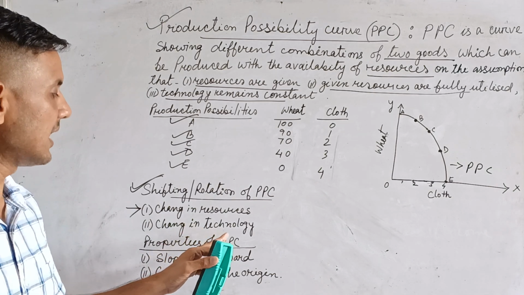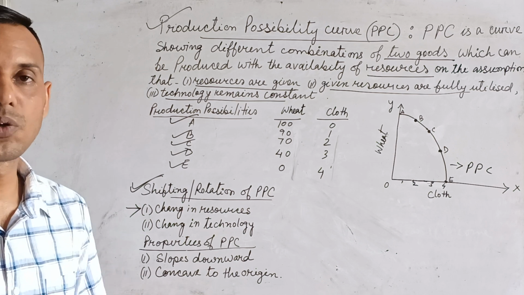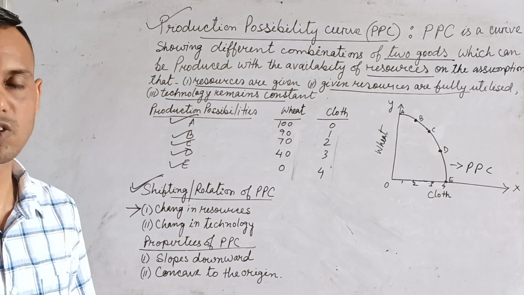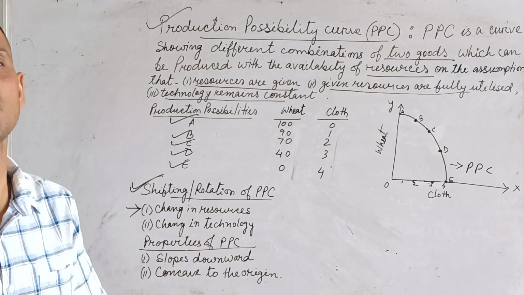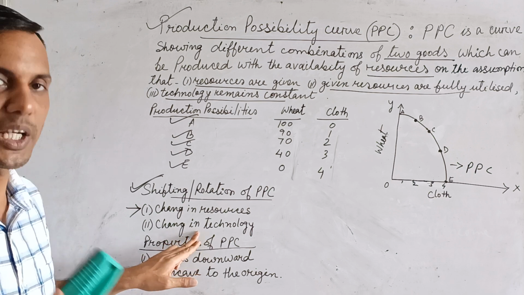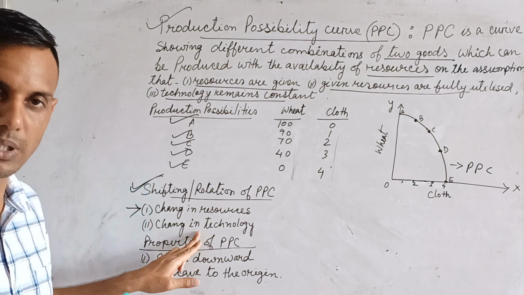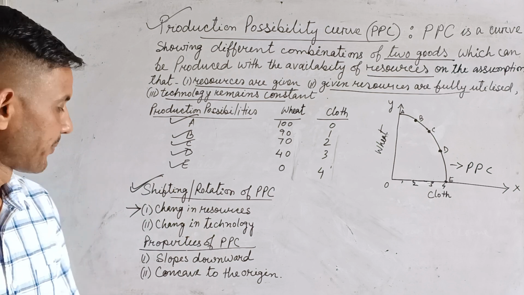Change in technology. If efficient technology is used for both productions, then both productions will increase. Then PPC will shift to the right. But if you use efficient technology for X production, then X production will increase, Y will remain constant. Okay.